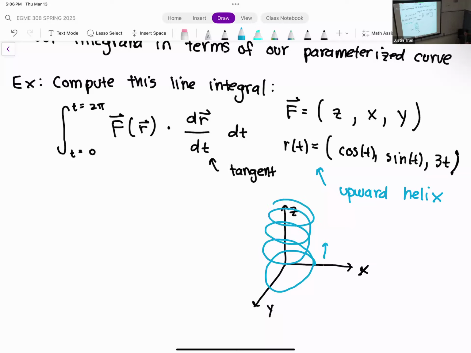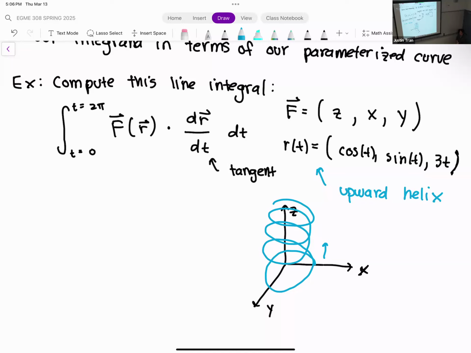As time progresses, our z component is going to increase at a rate of 3t. And at the same time, we're going to rotate around the z-axis due to the cosine and sine. So we're going to be integrating our vector field F along this helix.